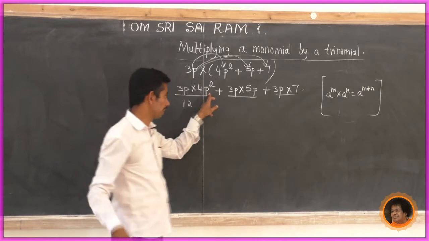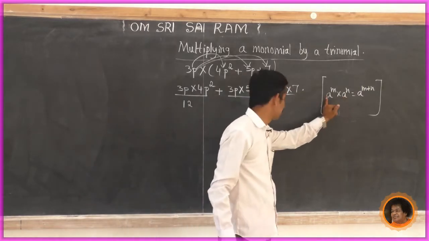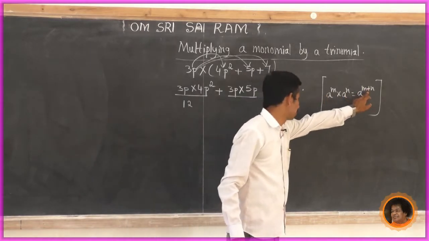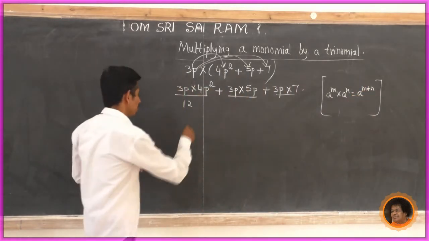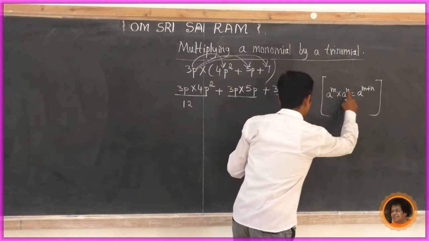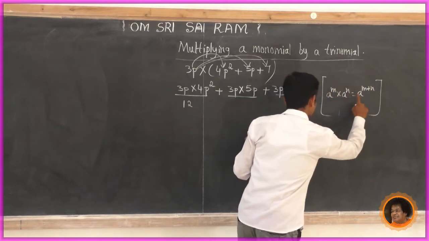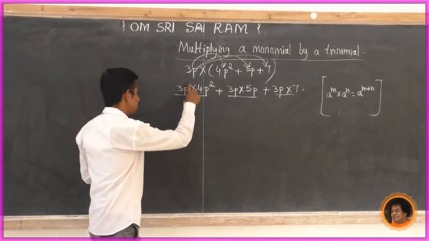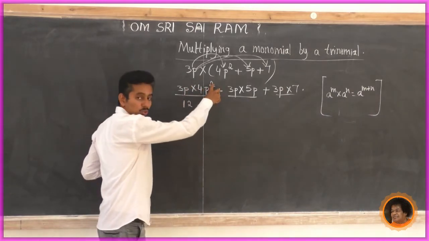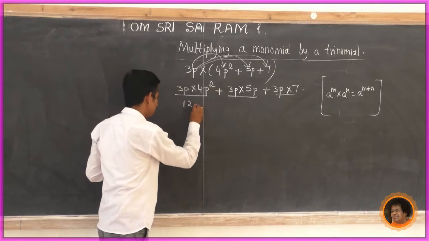If we multiply two powers, we must add the powers, that is m plus n. So a to the power m into a to the power n becomes a to the power m plus n. Now tell me, p to the power 1 and p to the power 2: 1 plus 2 is p to the power 3.